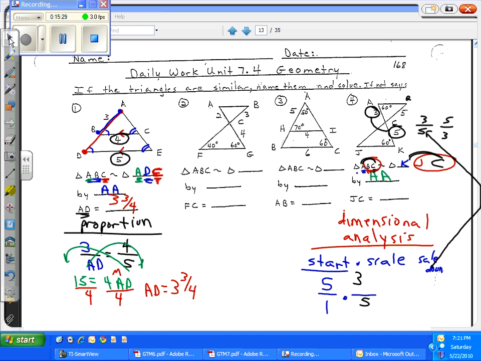Understand that? I'm going to JC. That's the big one. I'm going from the little one to the big one. I apologize. We're not scaling down. We're scaling up.